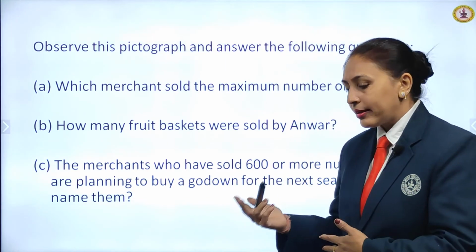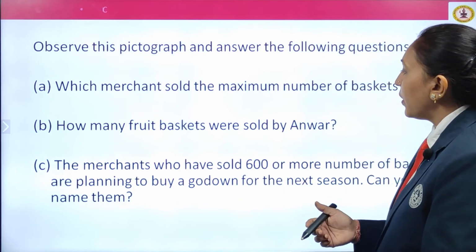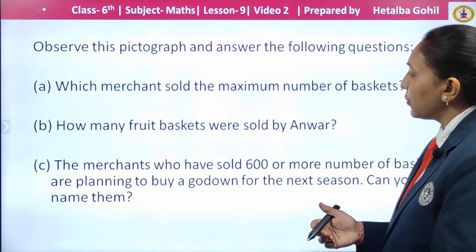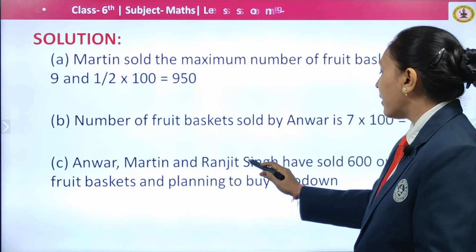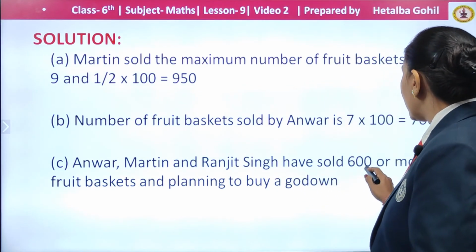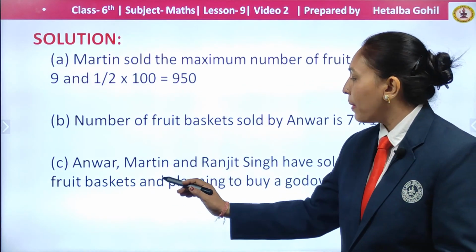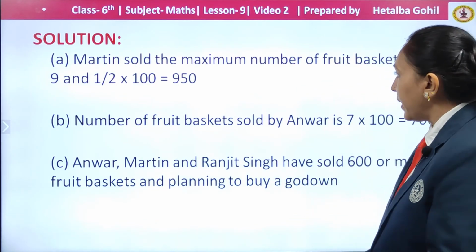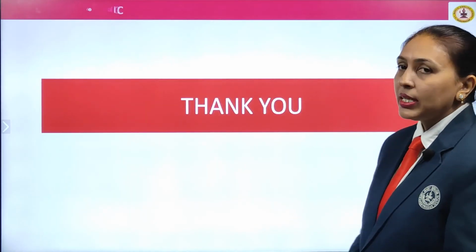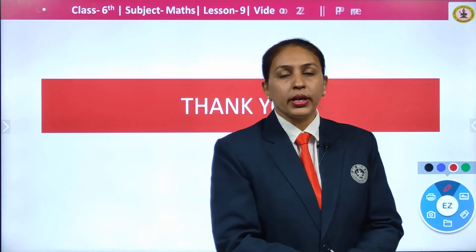So who all are there, that we have to answer. So what will be the answer to that, children? Anwar, Martin and Ranjit Singh have sold 600 or more fruit baskets and are planning to buy a godown, right. So with this, children, we end this exercise over here.